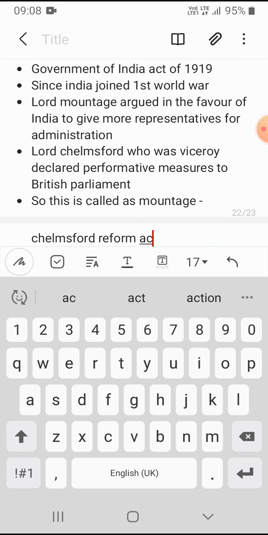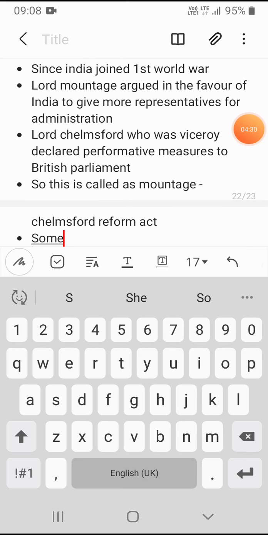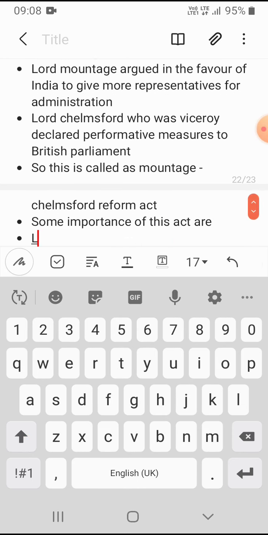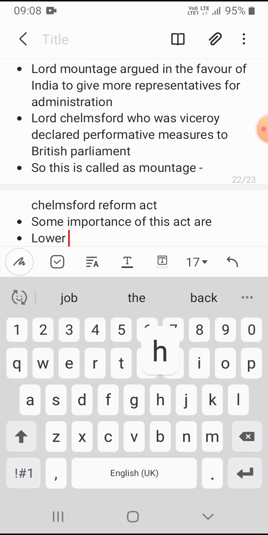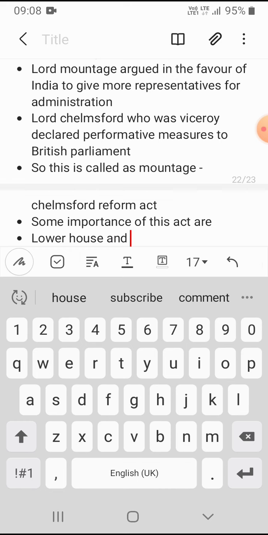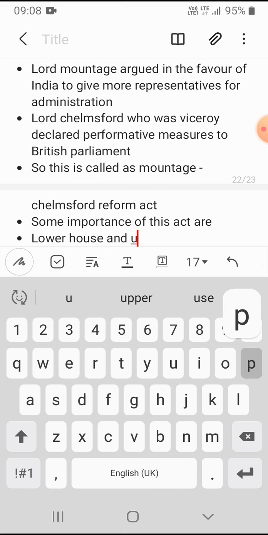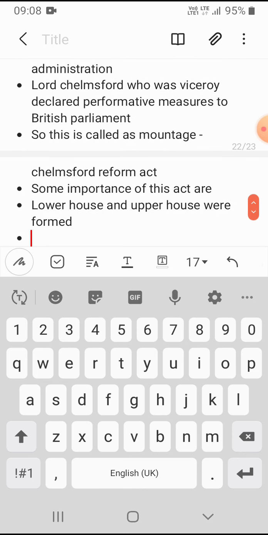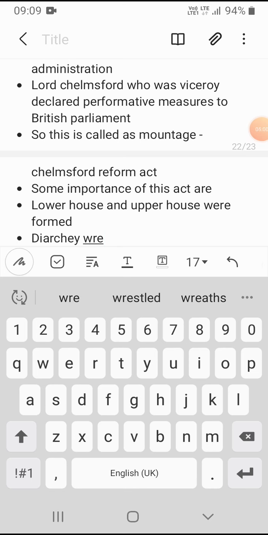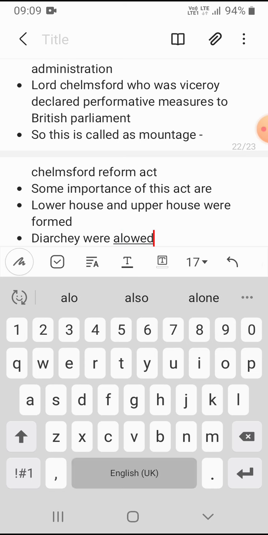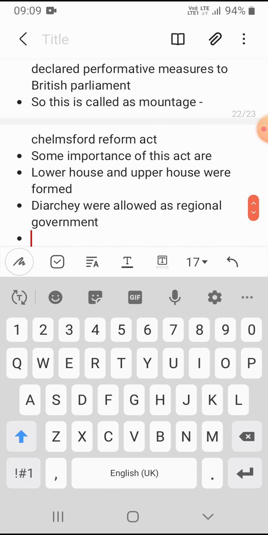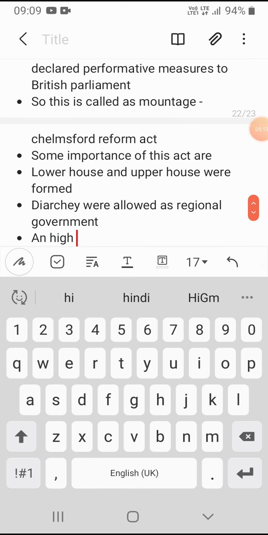Some important points of this act: a lower house and an upper house were formed, as you learnt in your last chapter, as well as diarchy was allowed in the regional government, and a High Commissioner was appointed to India.